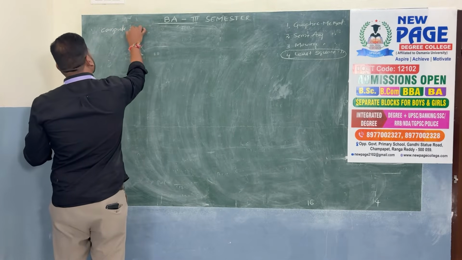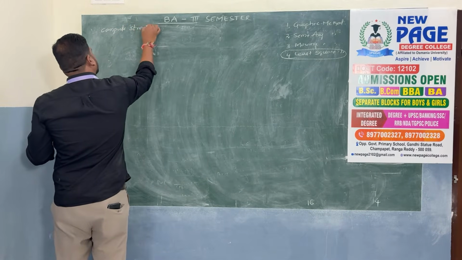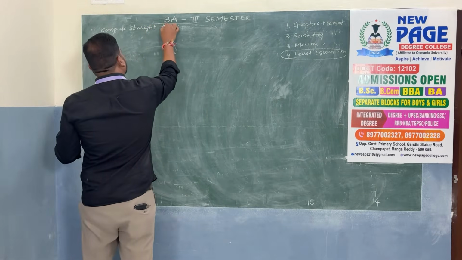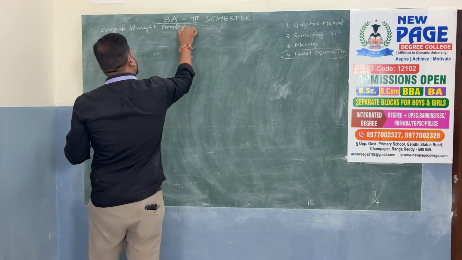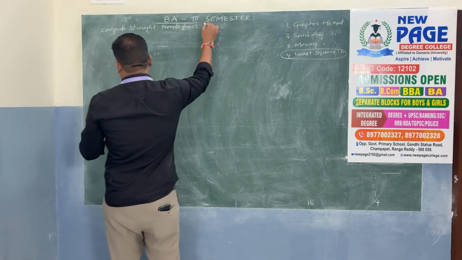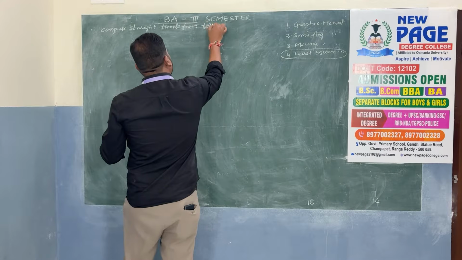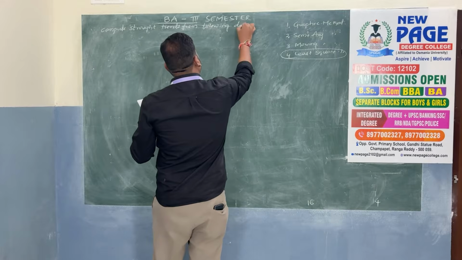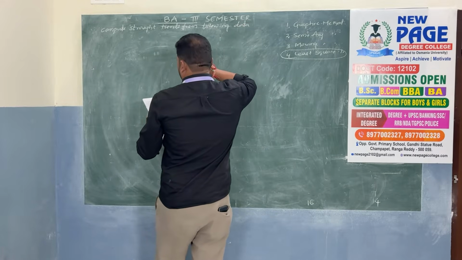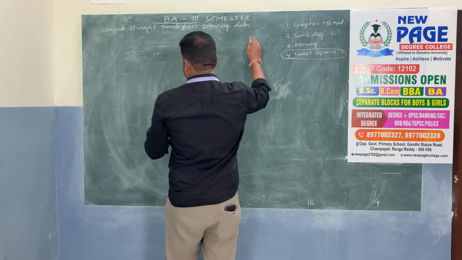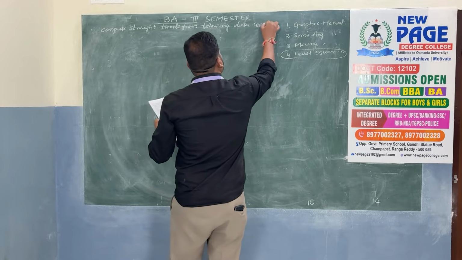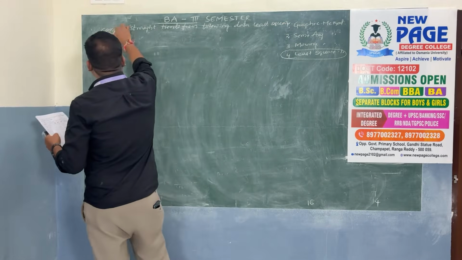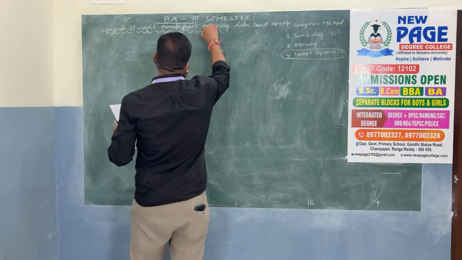Compute straight line trend from the following data by the method of least squares.